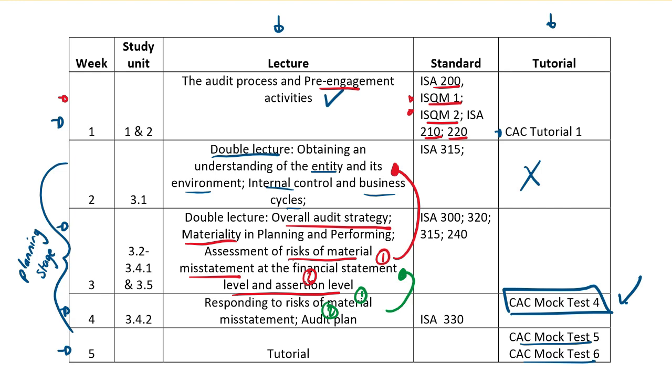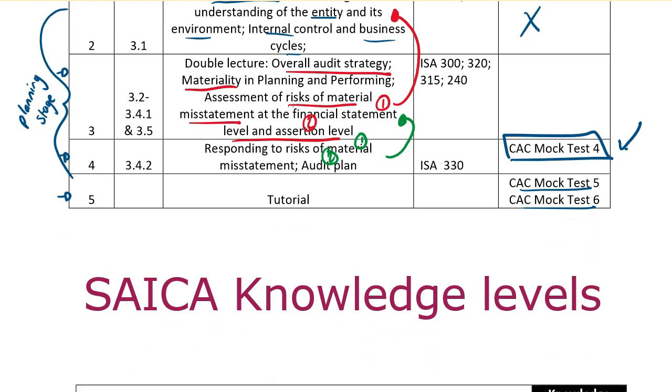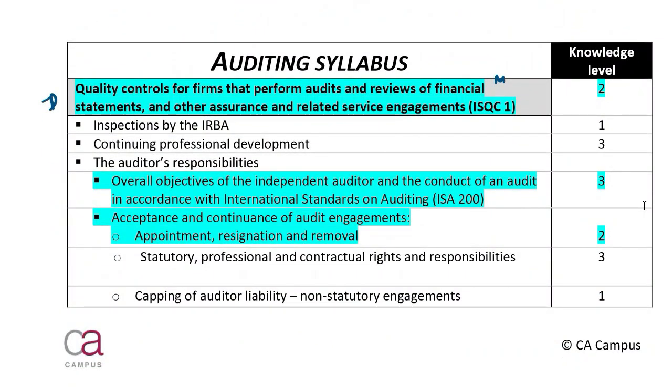So if we look at the SAICA knowledge levels for each of these topics. The first one, ISQM 1, which we currently still have here as ISQC 1 per SAICA, is a level 2. Then the overall objectives will be addressed in week 1. ISA 200 is a level 3. And again, acceptance and continuance in week 1 is a level 2.